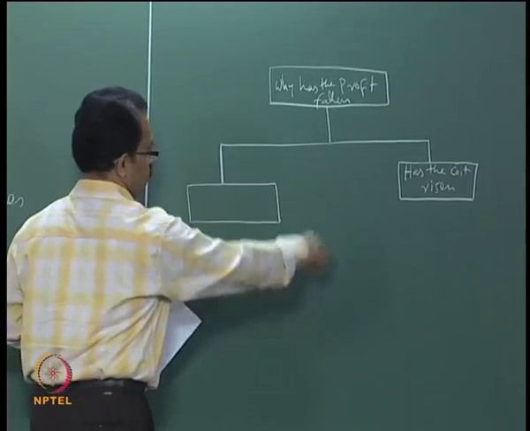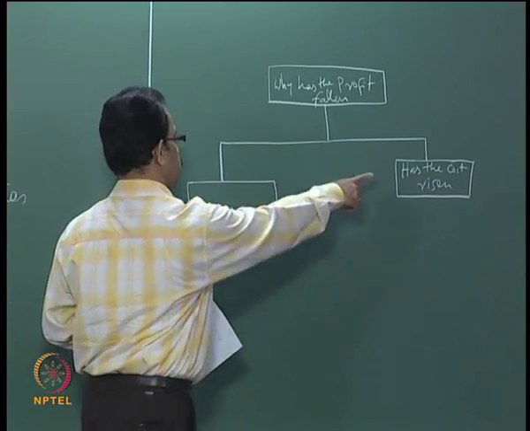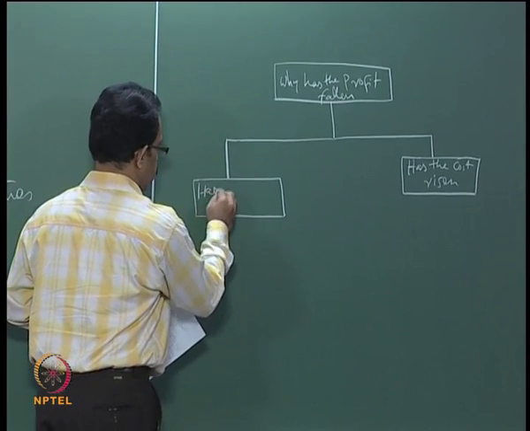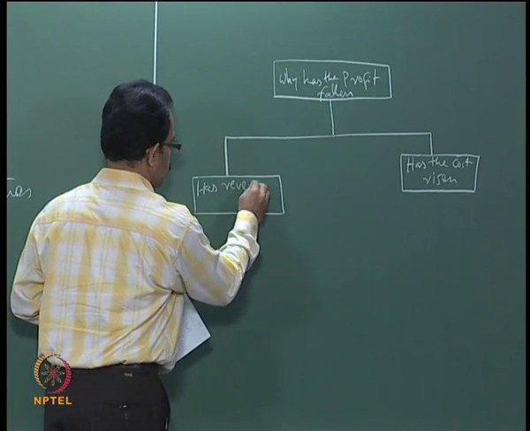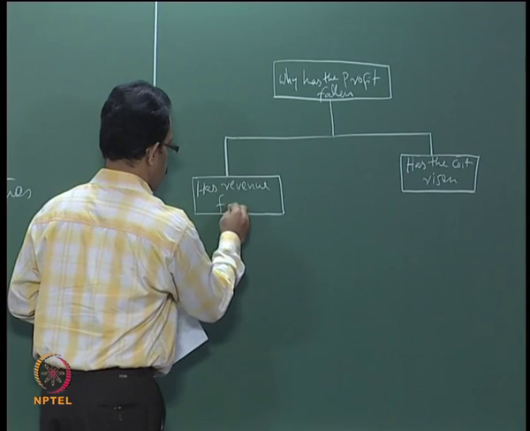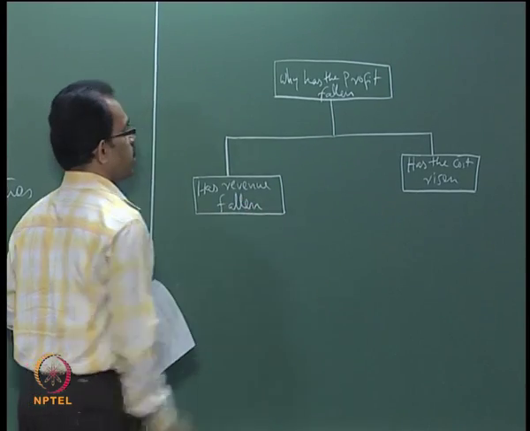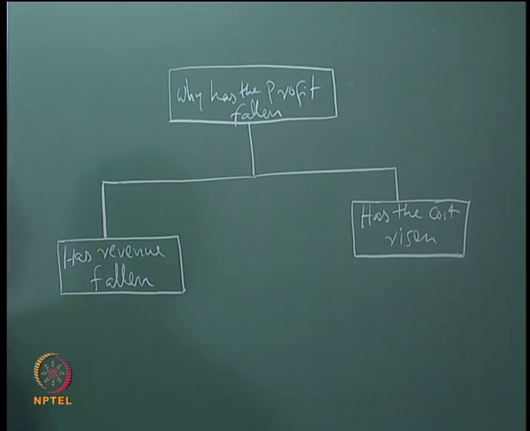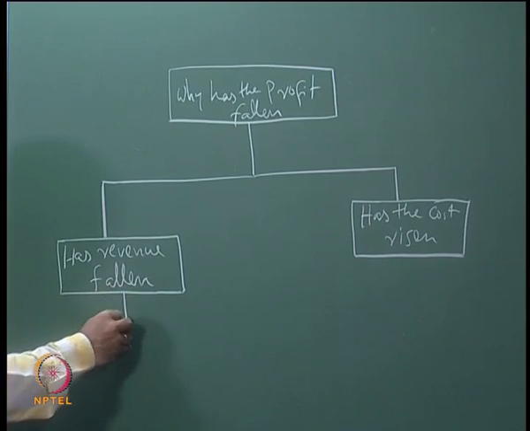This is the cost of production or sales that has increased, or the revenue from the sales has fallen. So when the company is making losses, there could be these two possibilities. Then to analyze what the real issue is here, we can again look at the possibilities.